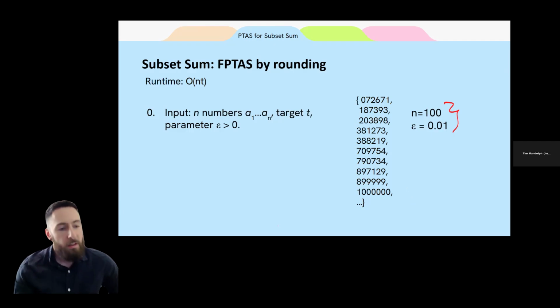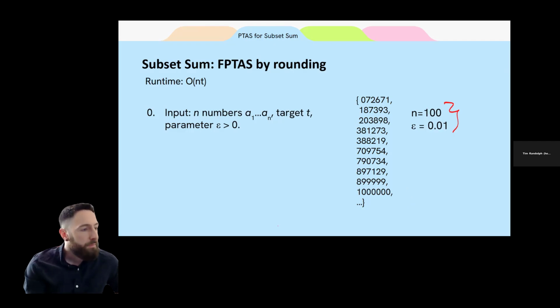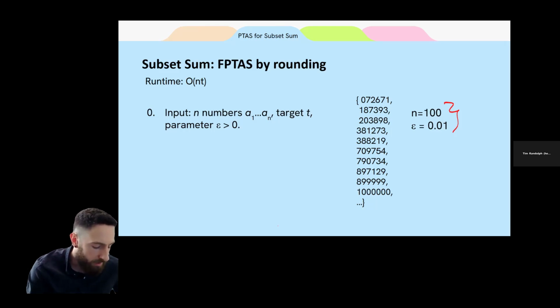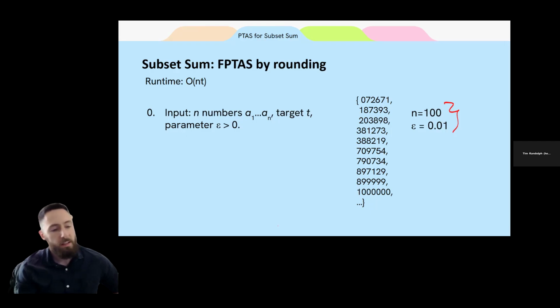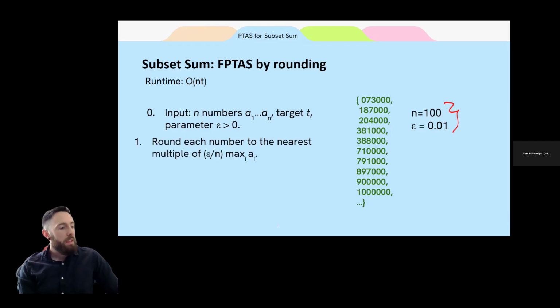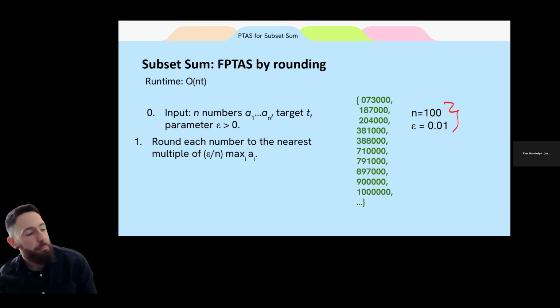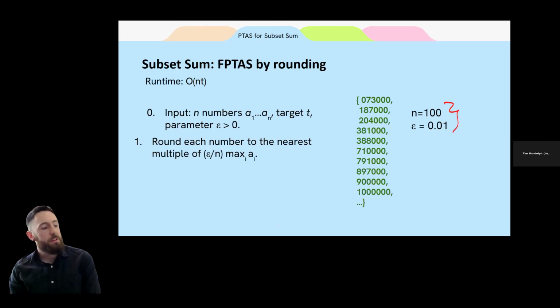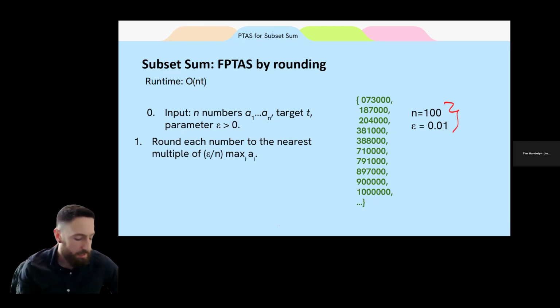Running this algorithm, if we didn't change the input numbers, would have a runtime that depended on our target, which in this case would be on the order of 1,000,000. But the other thing we could do is round each number to the nearest multiple of epsilon over n times the largest possible input.